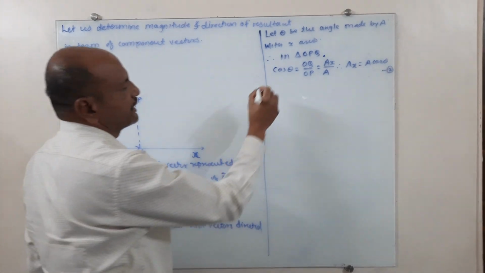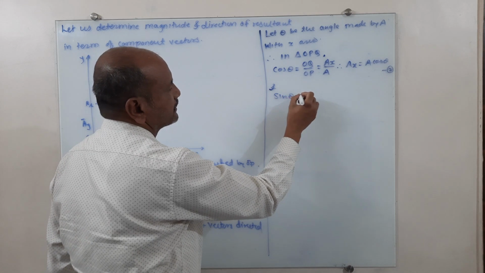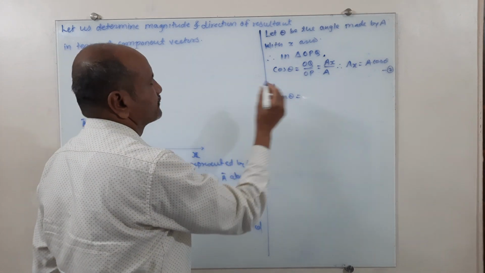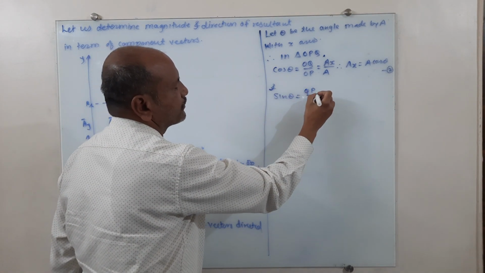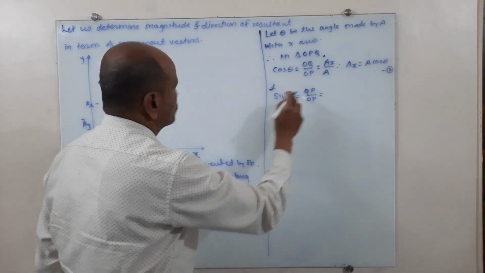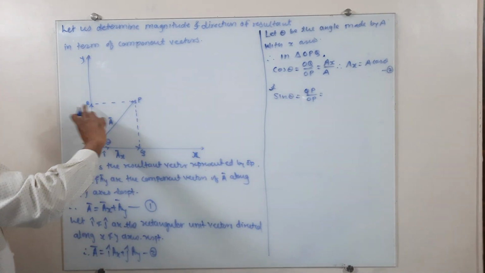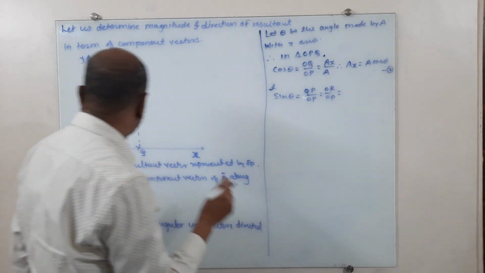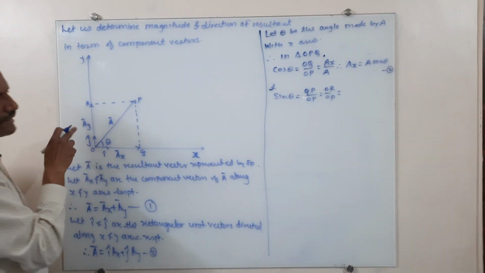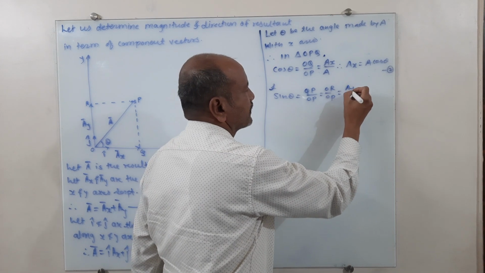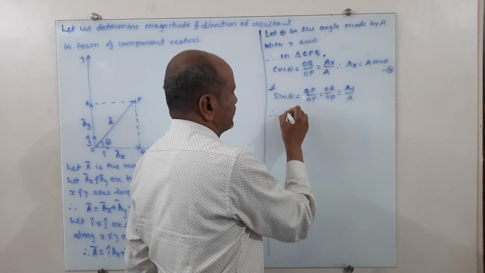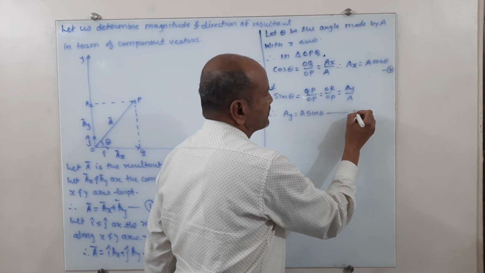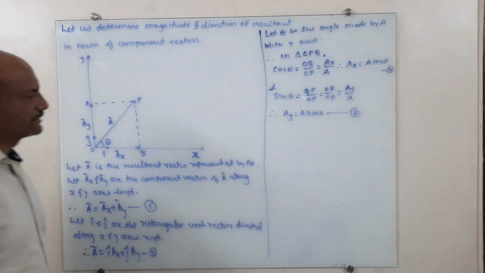And sin theta is equal to PQ upon OP, but QP is equal to OR. That is OR upon OP, but OR is the magnitude of Ay, so sin theta is Ay upon A, and therefore Ay is equal to A sin theta. This is equation number 3. Listen carefully.